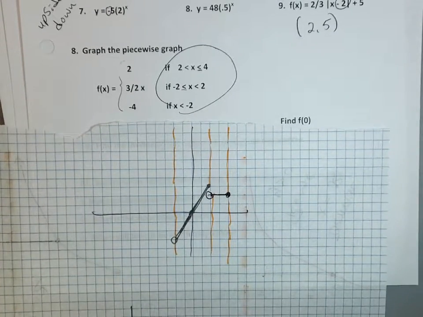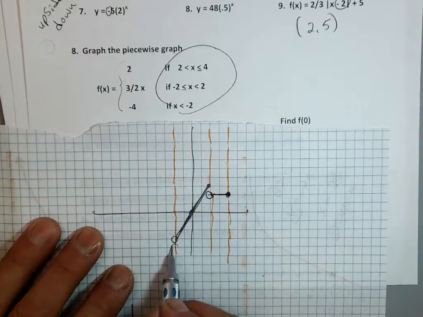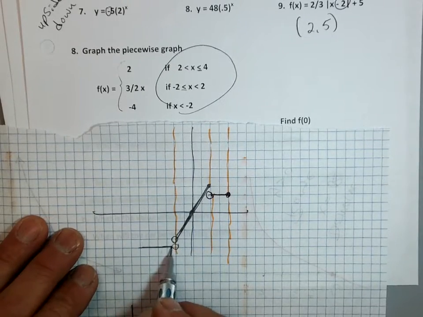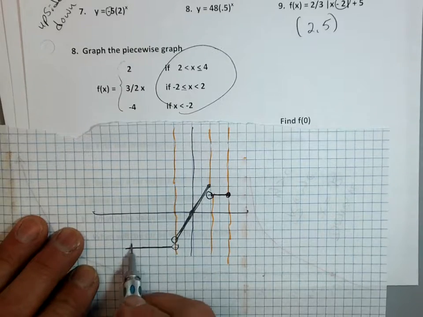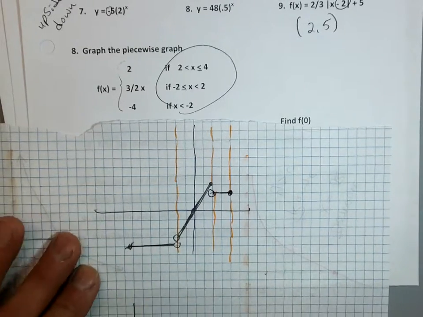And finally, y equals -4 is straight across -4, but that's from x is less than -2, so it's going to be like this, and another open circle, which is okay that you have another open circle, okay? As long as you don't have 2 dots in the same spot, right?